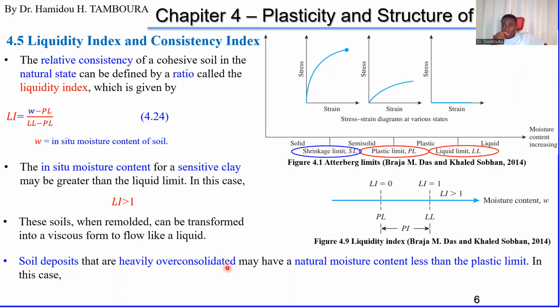The over consolidation ratio we will talk about later, when we talk about compaction. Anyway, for this kind of soil, sometimes the water content may be less than the plastic limit.